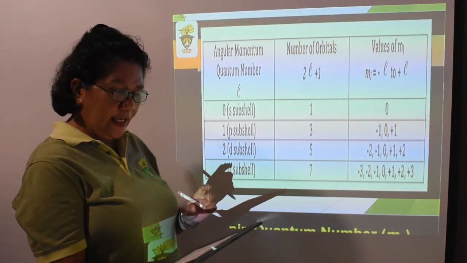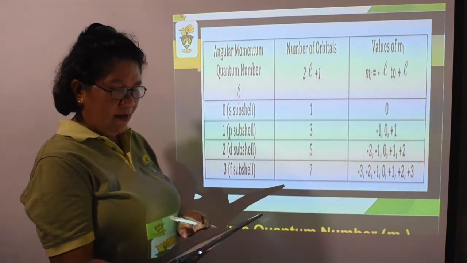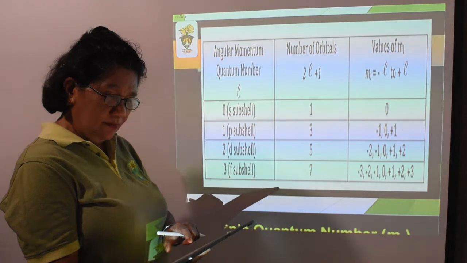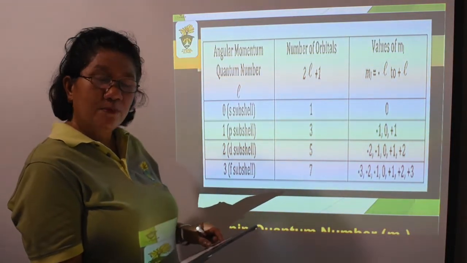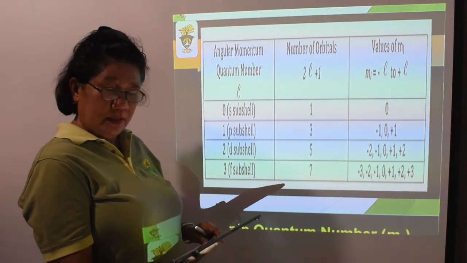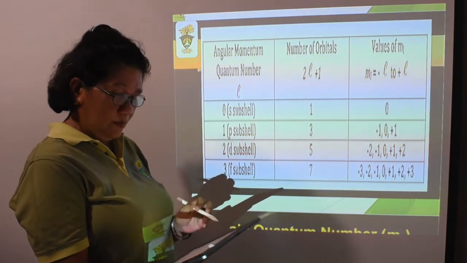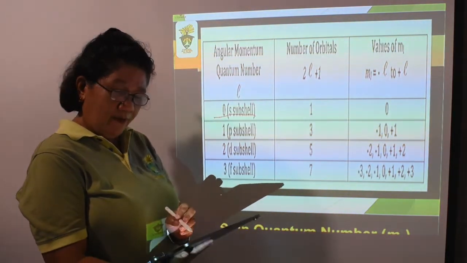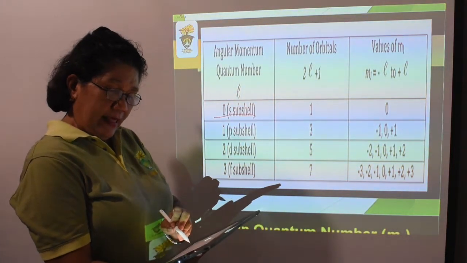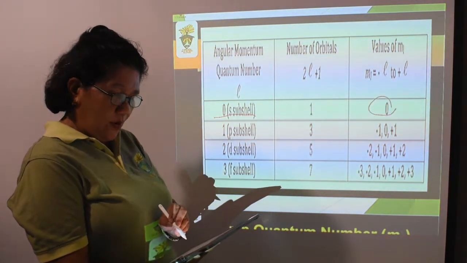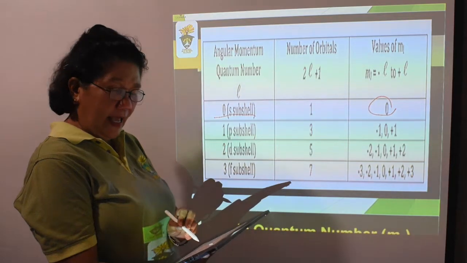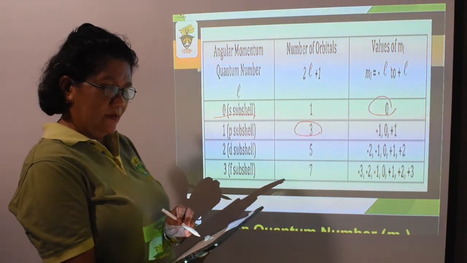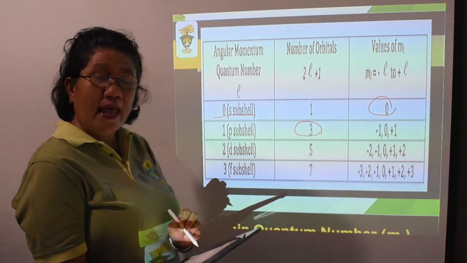So, looking into the connectivity of your angular momentum and the values of M sub L, for 0, that is S. Therefore, you have the value of M sub L 0. For P, how many are there? There are 3. How many orbitals are there in the S?